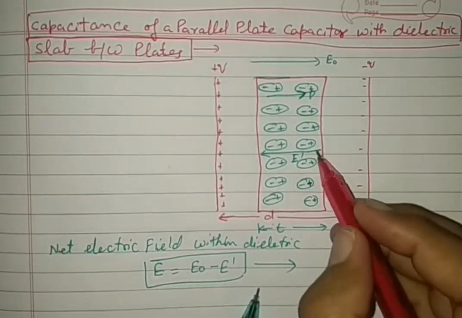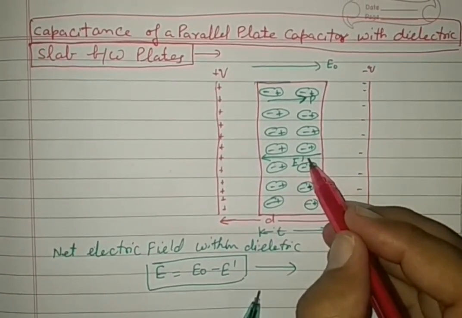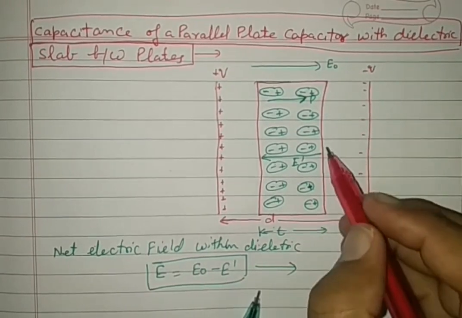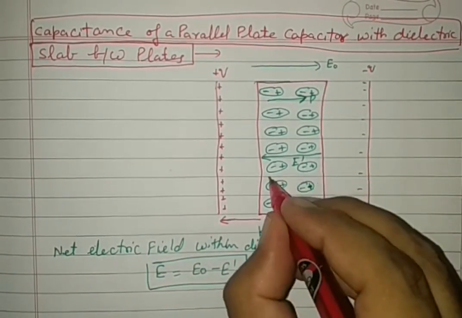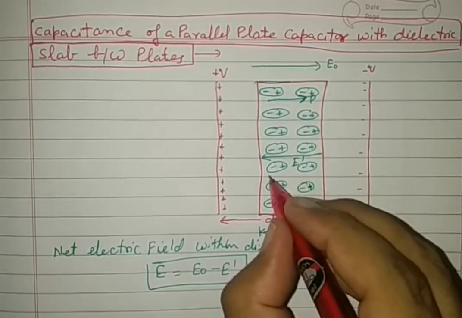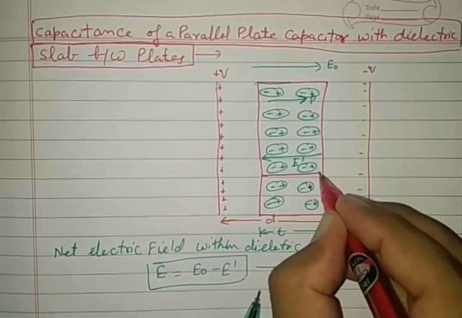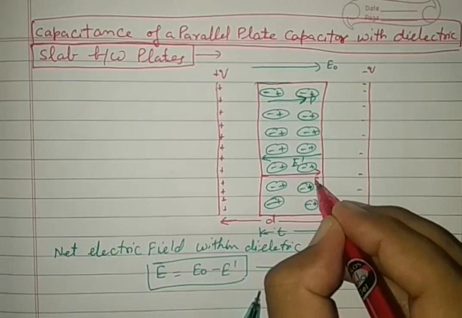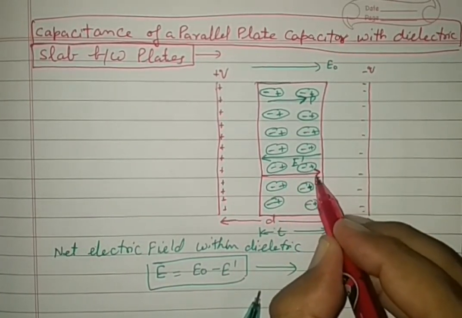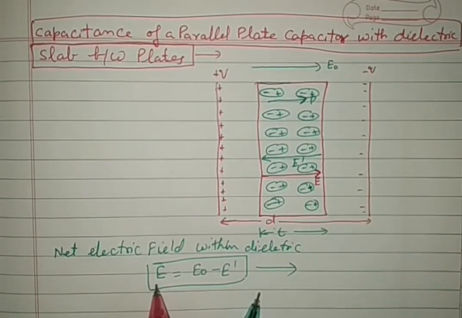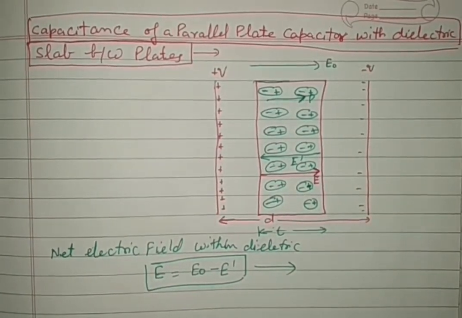Since E dash, which is the electric field produced within the dielectric, weakens the field E naught, the resultant field is given in this direction, E. The resultant electric field within the dielectric is E, which is given by this formula.